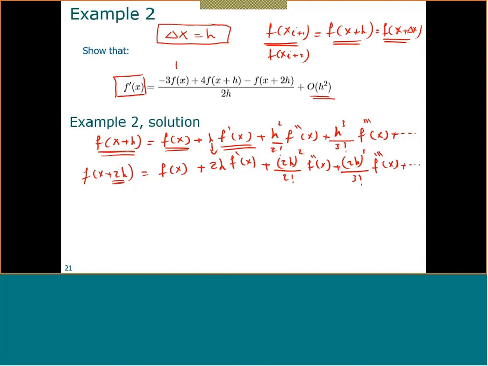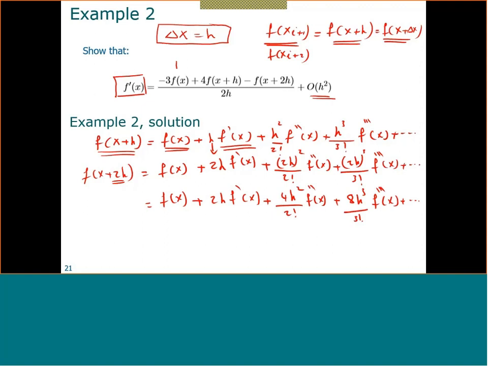Okay, so let me simplify a little bit. So this becomes equal to f of x plus 2h f prime of x plus 4h squared divided by 2 factorial f double prime of x plus 8h cubed divided by 3 factorial f triple prime of x, and so on and so forth.